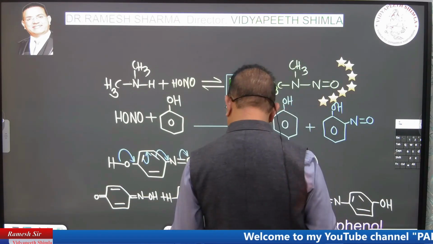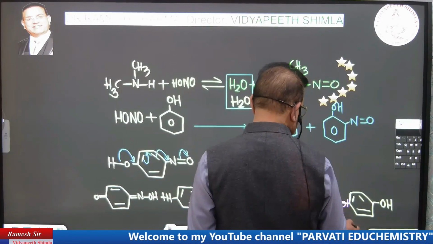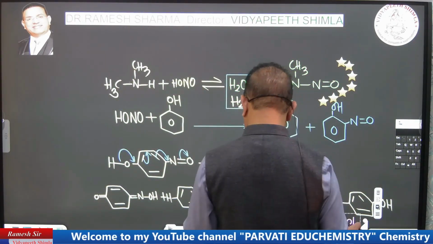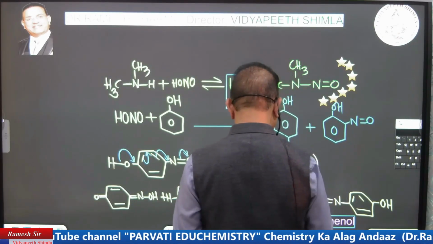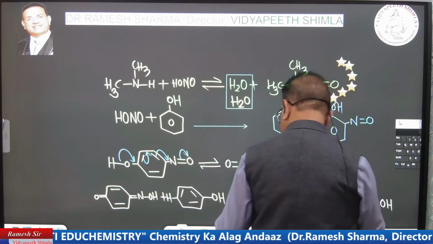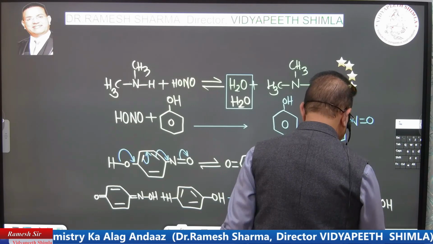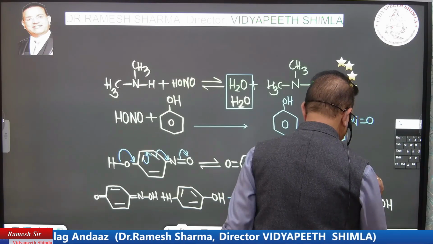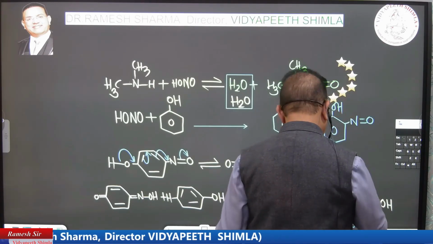This is called indophenol dye, which changes its color in different medium, and the change in color is like gabru.